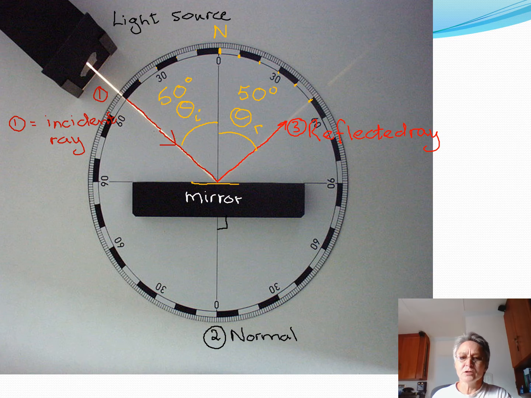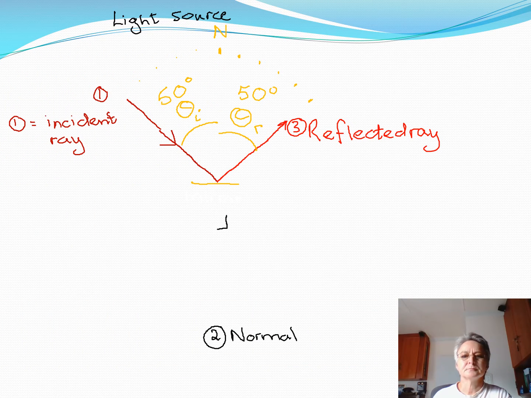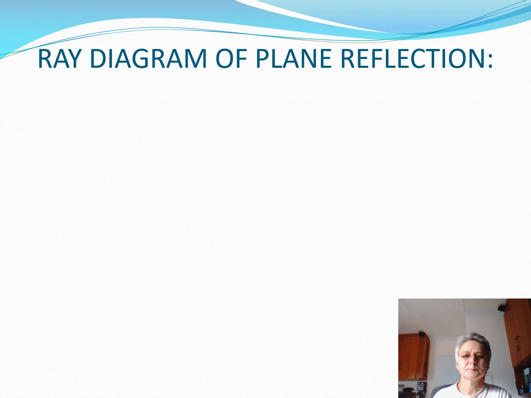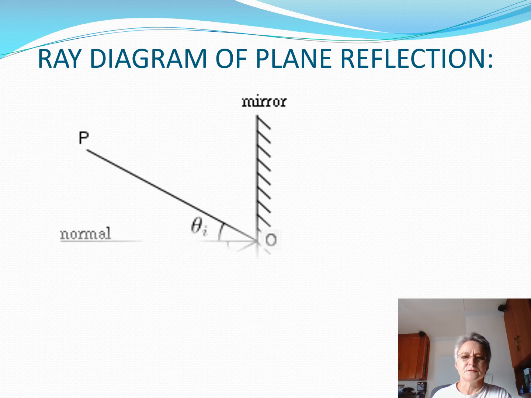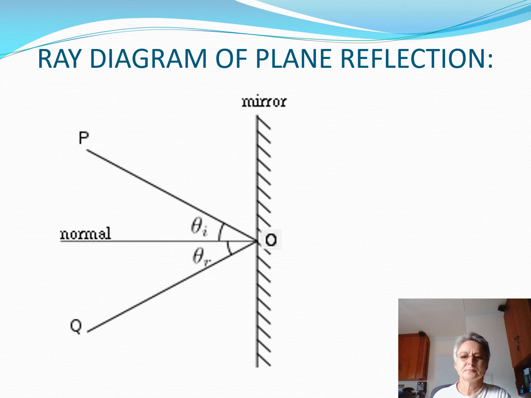Next, I want to look at the ray diagram you will draw in this case. So the ray diagram for plane reflection looks as follows. If you've got the mirror, your reflecting surface, the incident ray would be this one. P is the incident ray. It hits the mirror.